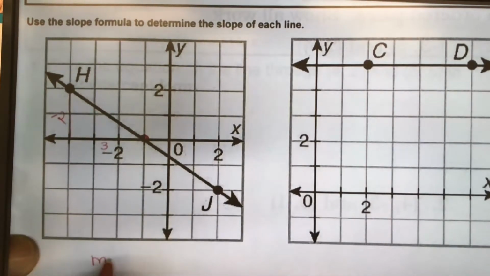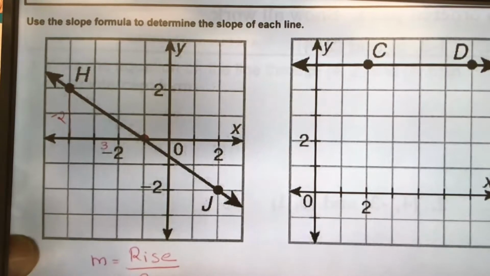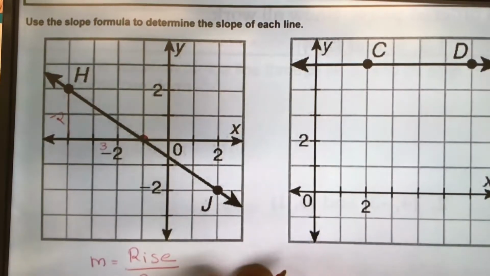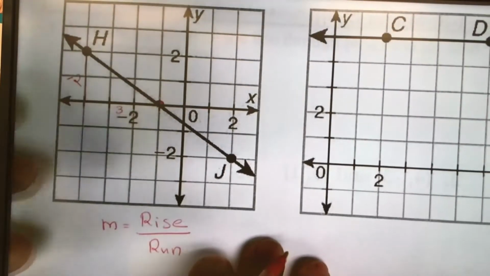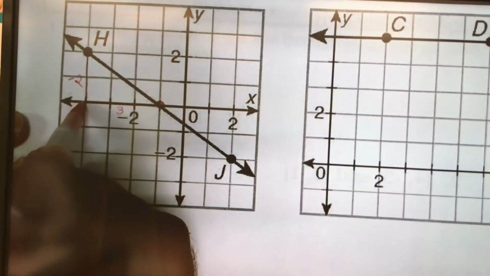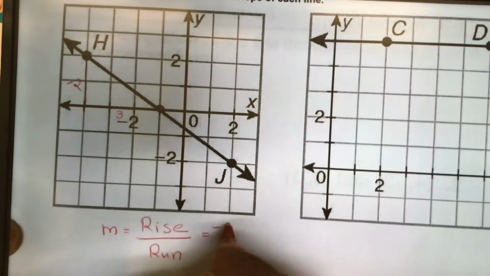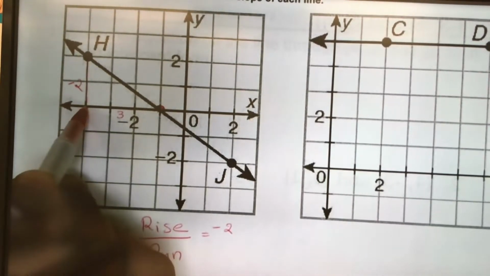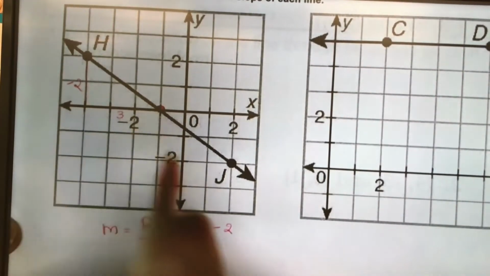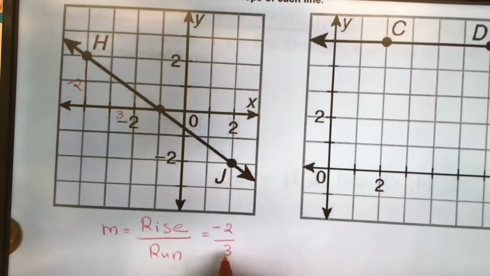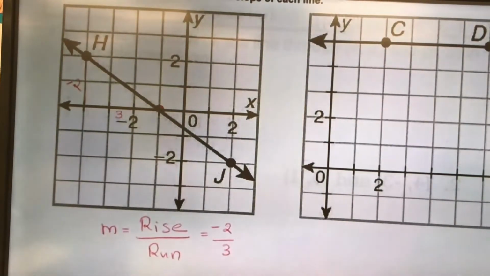When you write the slope m as rise over run, my rise is 2 points down, and since we are going down, we write -2. The run is 3 points to the right, so it becomes +3. So the slope of that line is -2 over 3.